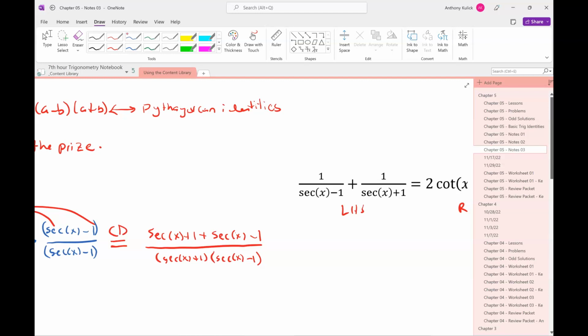Any algebraic things you notice that you could do here? Look at the numerator. You can combine some like terms, right? What's secant x plus secant x? Those are like terms.